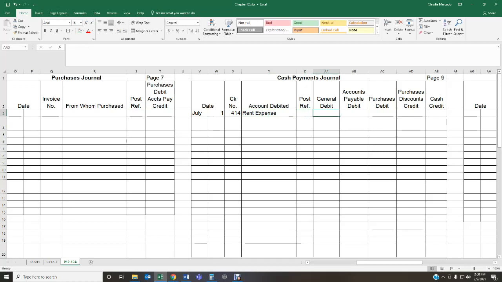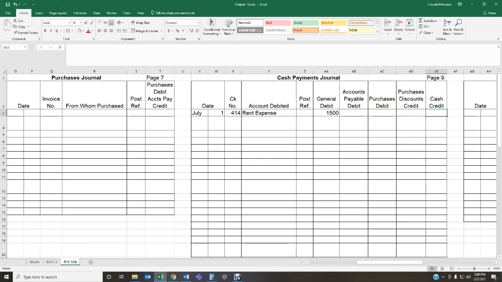Now, we have several debit accounts. We have one for purchases and one for accounts payable. If it does not apply for either, we're going to use the general debit. So my rent expense is going to be debited, and that is for $1,500. Okay? And then we're going to take that over. Okay?